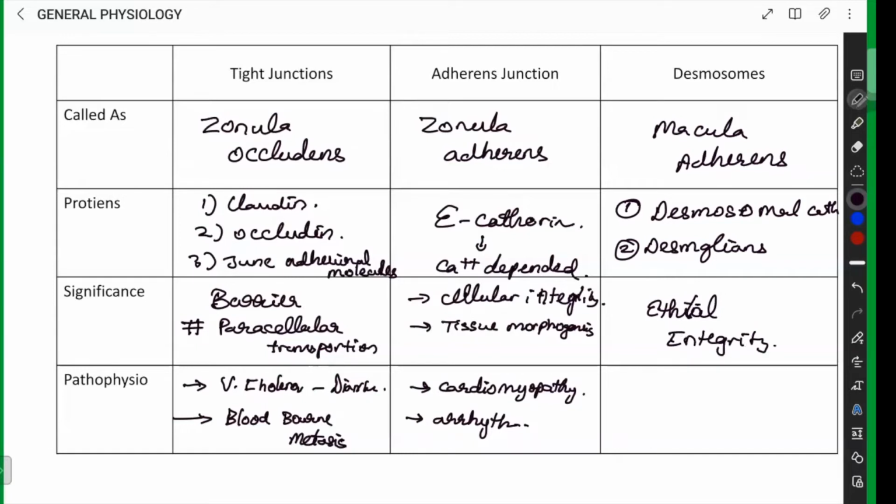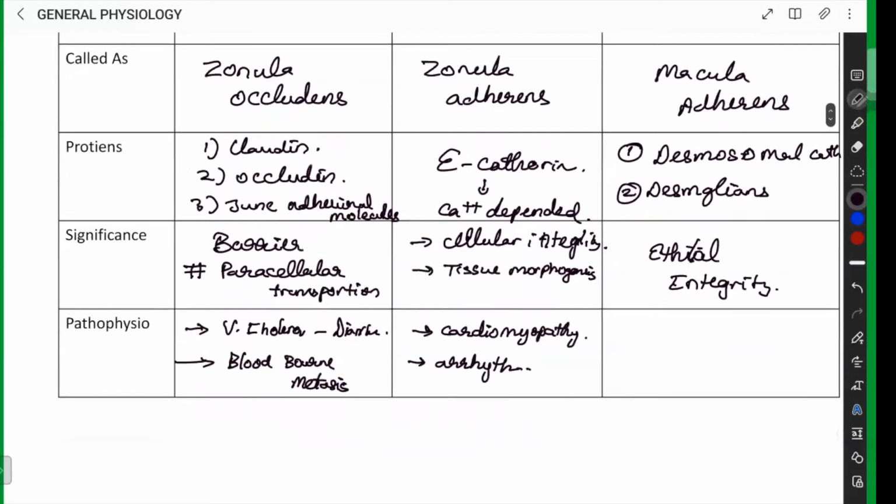So what is the pathophysiology? What is the importance behind these desmosomes? Have you heard about Pemphigus vulgaris? Someone? It's a common dermatological condition. What happens in Pemphigus vulgaris? Pemphigus vulgaris is caused by either lupus, penicillin or cephalosporin.